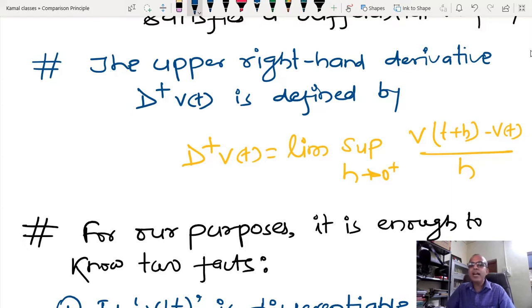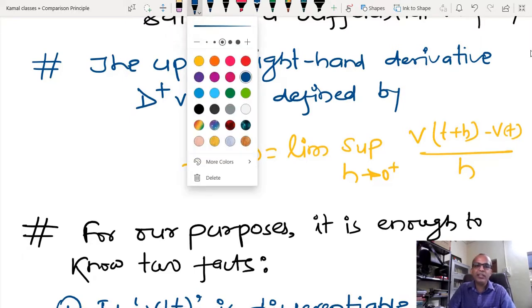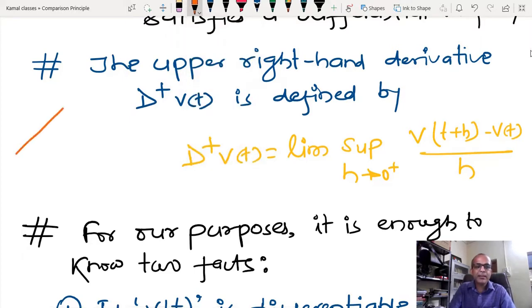In the previous class I have already told you the meaning of limit supremum. If you look carefully, in higher dimensional space, whenever we talk about a limit, we have some kind of sequence.